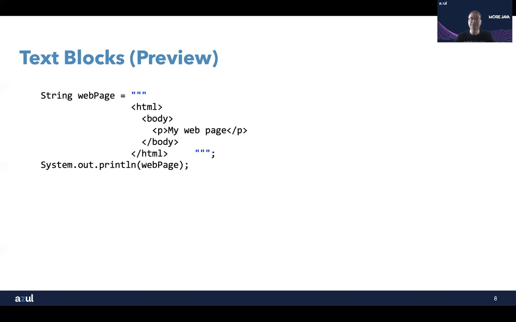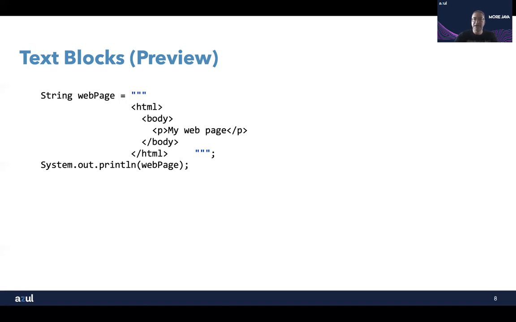If we wanted to include three double quotes in our string, we can do that by escaping, by putting a backslash in front of at least the first of those three double quotes. Otherwise, the second set of three double quotes will terminate the text block.